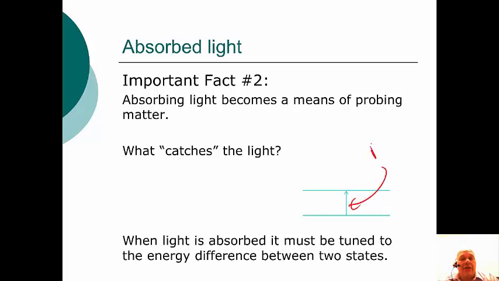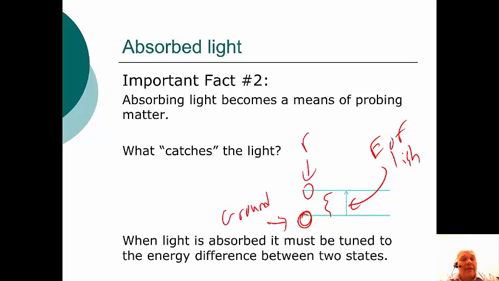If this is the energy of the light, this gap, there must be a system state and a second system state, sometimes called ground state and excited state, that correspond to this energy difference. Because remember, conservation of energy, energy cannot be created or destroyed, so it must go somewhere.